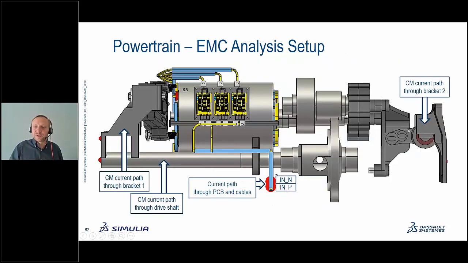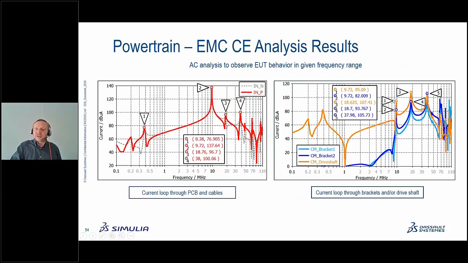So basically in this order: drive shaft, bracket 1, bracket 2. We can see that there are clearly some resonances around 10, around 20, and somewhere around 35 or 38 megahertz, where the common mode current through these brackets becomes significantly high.